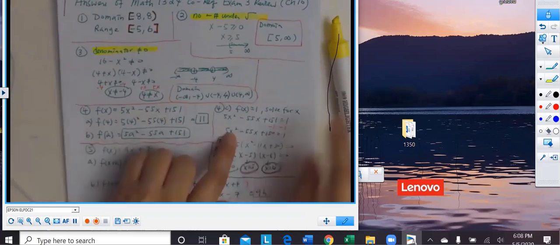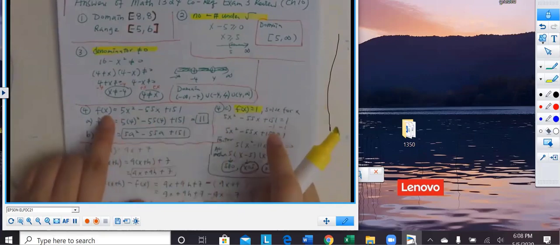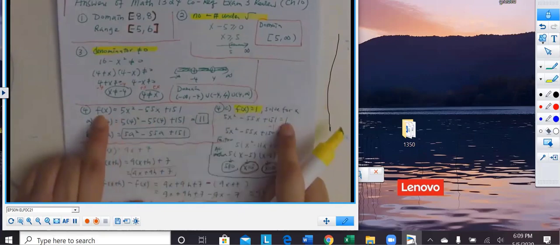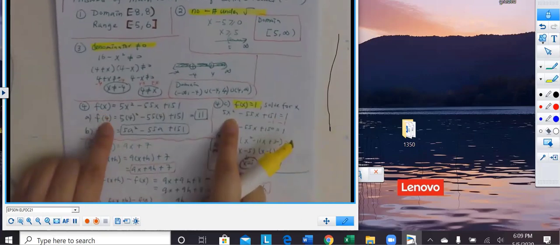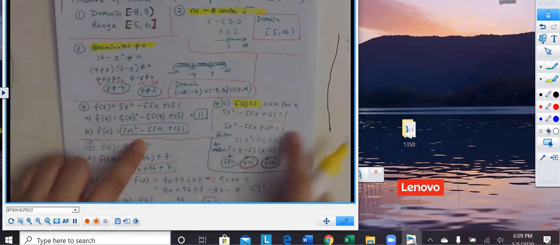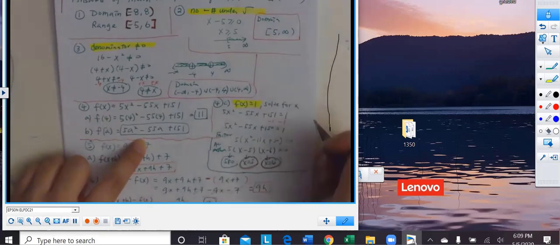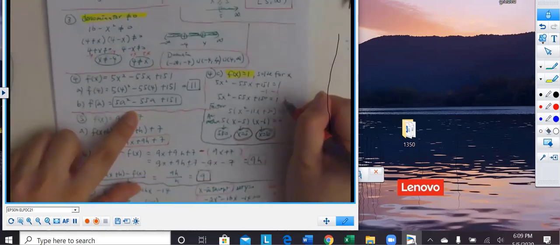And the last one is they want f of x equal to 1. So this is the function. I replace the f of x part with 1 and solve this. Because this is quadratic, I need to set it equal to 0. After I set it equal to 0, I can factor it. So that's all that happened here.